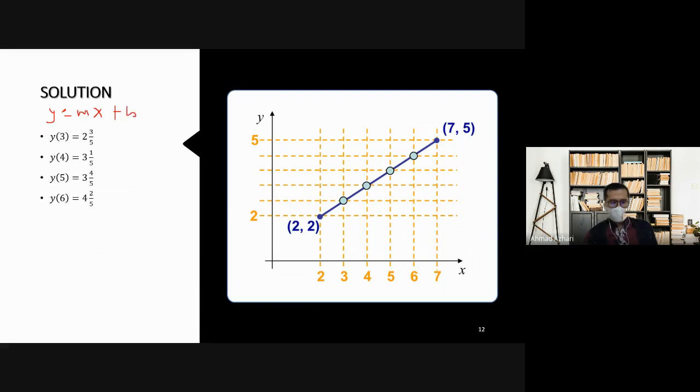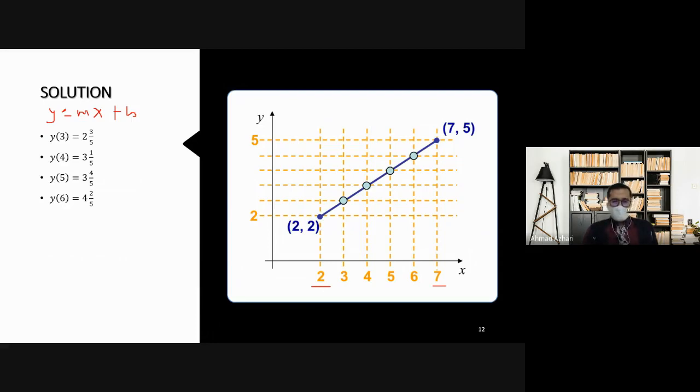This means we look for y using x. The x1 is 2 and the x2 is 7, so the rest of the numbers on the x-axis are 3, 4, 5, and 6.